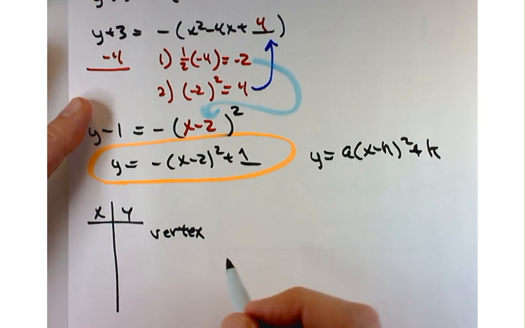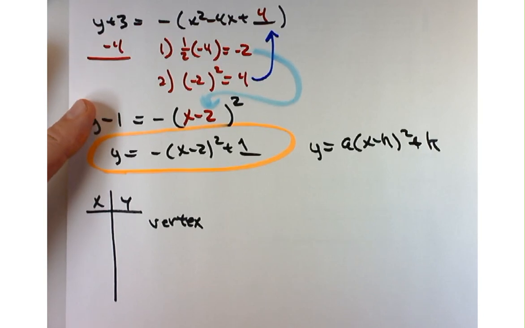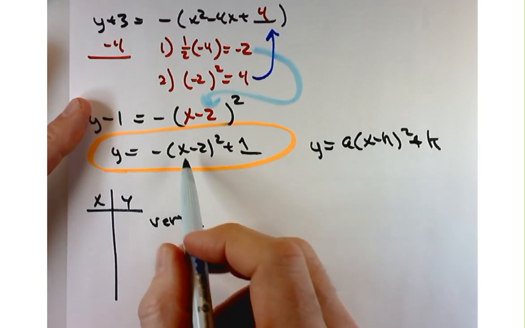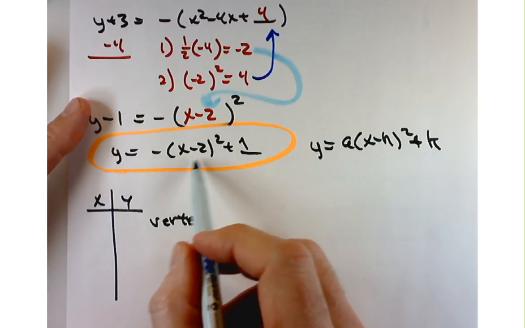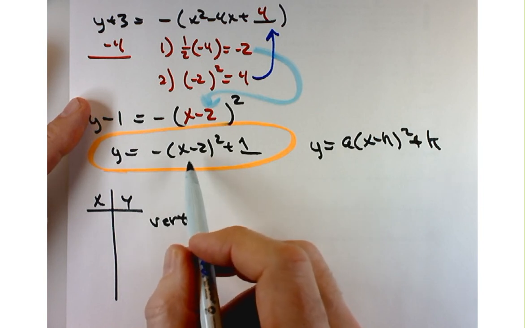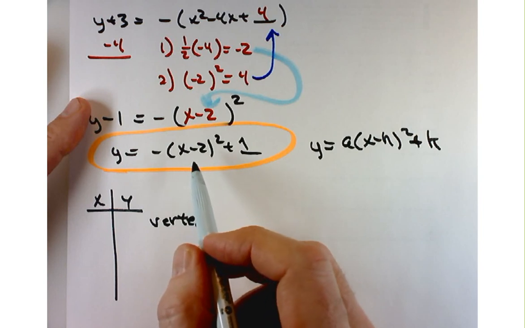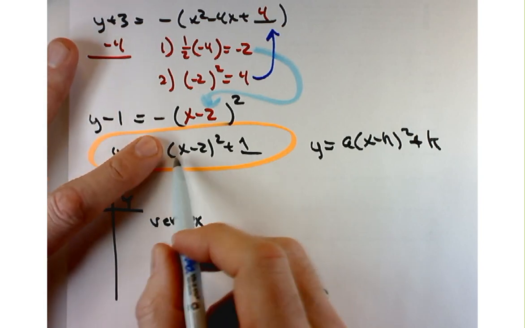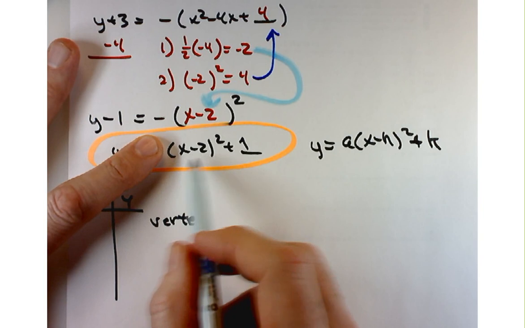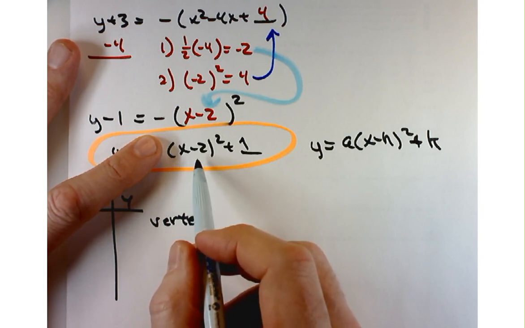All right, awesome. So where's the vertex going to be? You can start by looking inside the parentheses. What value of x would make that equal to 0? What value of x would I put in here to make this term 0? 2, thank you.